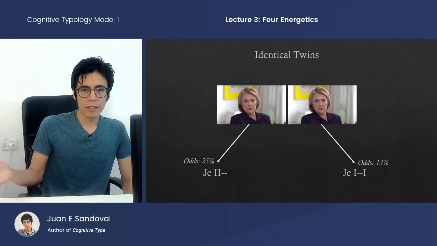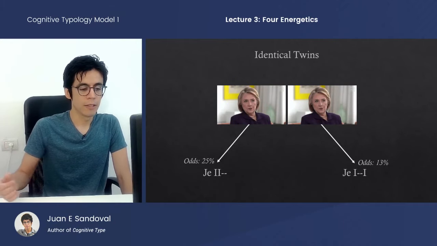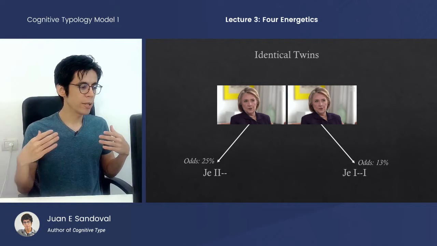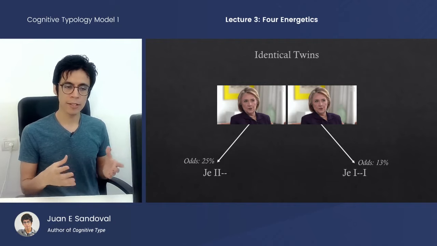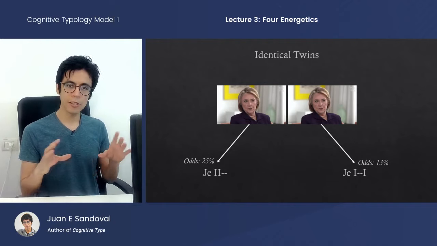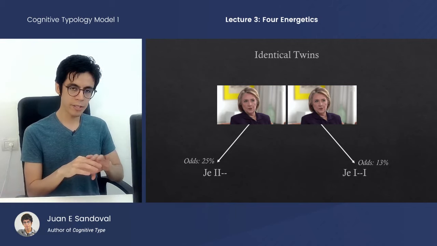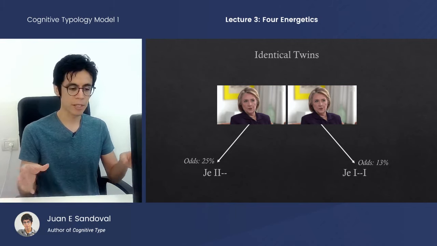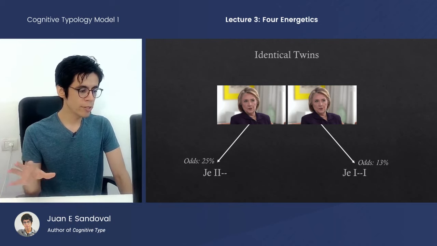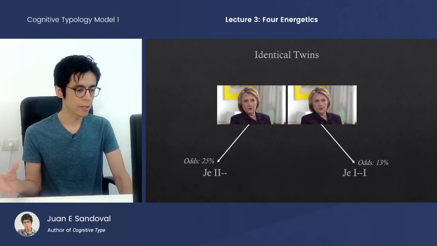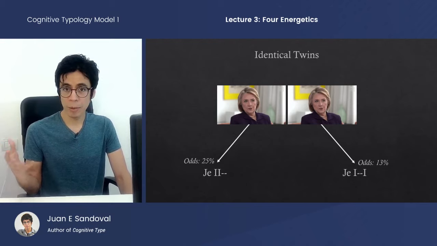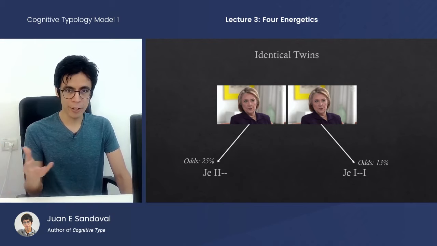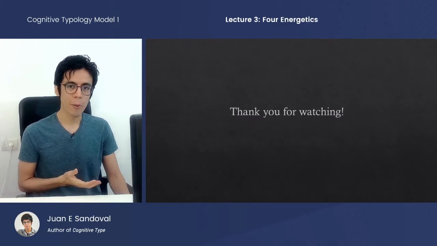But you could have identical twins with different developments, which is why in Model 1 we include a person's development in the type code, because there are enough psychological differences between the two developments to warrant distinct treatment. We'll get more into why and how development happens and how to initiate that process in a different video. But I think we'll stop here for now.